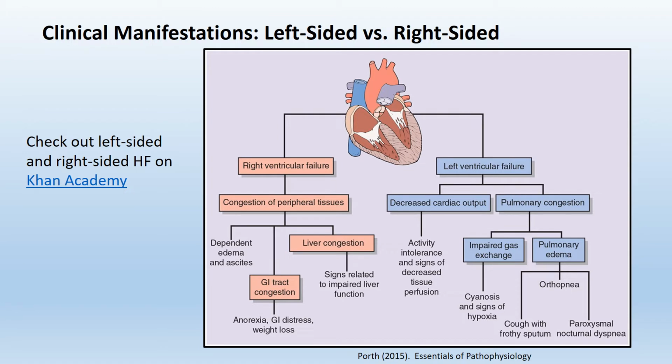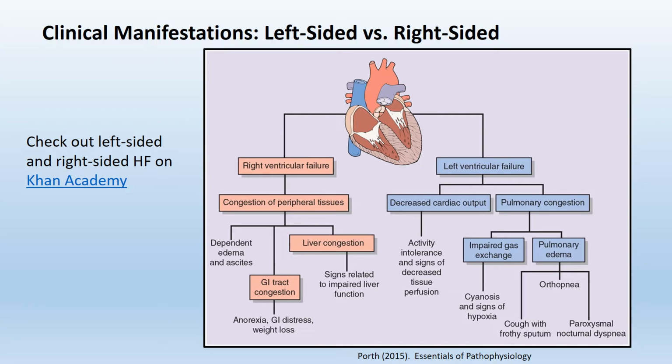I do love this diagram because it really details for you what the manifestations are depending upon which side is affected. So again, with the left ventricle, as I mentioned, decreased cardiac output. So you're going to have those signs of decreased tissue perfusion.